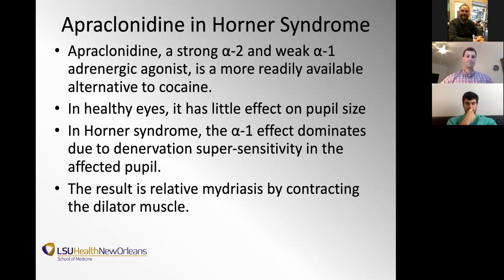But in healthy eyes, it has very little effect on pupil size. In fact, the alpha-2 effect may be a little bit oppositional to the alpha-1. It can cause a little bit of miosis. But in Horner syndrome, the alpha-1 effect dominates because there is a certain denervation supersensitivity in the affected pupil. So this results in relative mydriasis by contracting the dilator muscle.